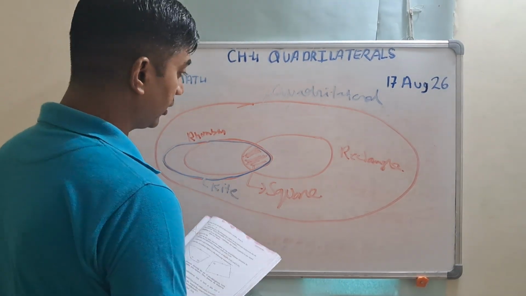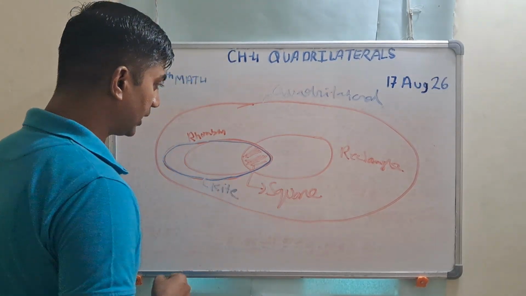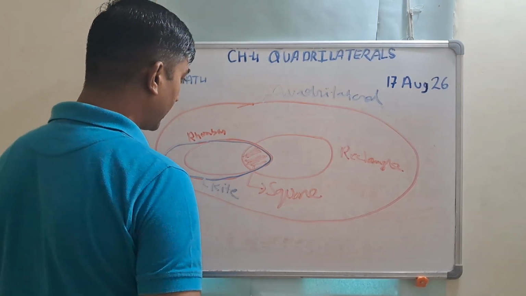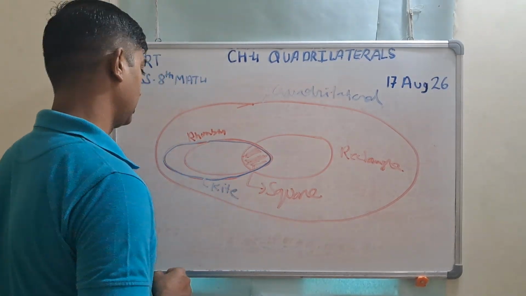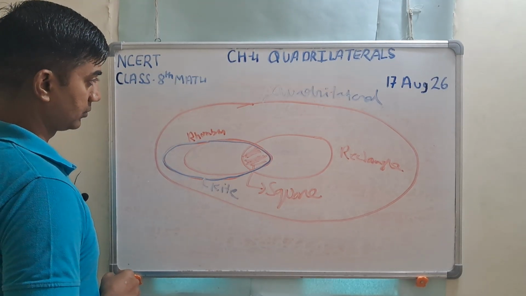So in case of parallelogram, what we'll see, that rectangle is also a parallelogram, rhombus is also a parallelogram, square is also a parallelogram, but kite is not a parallelogram.